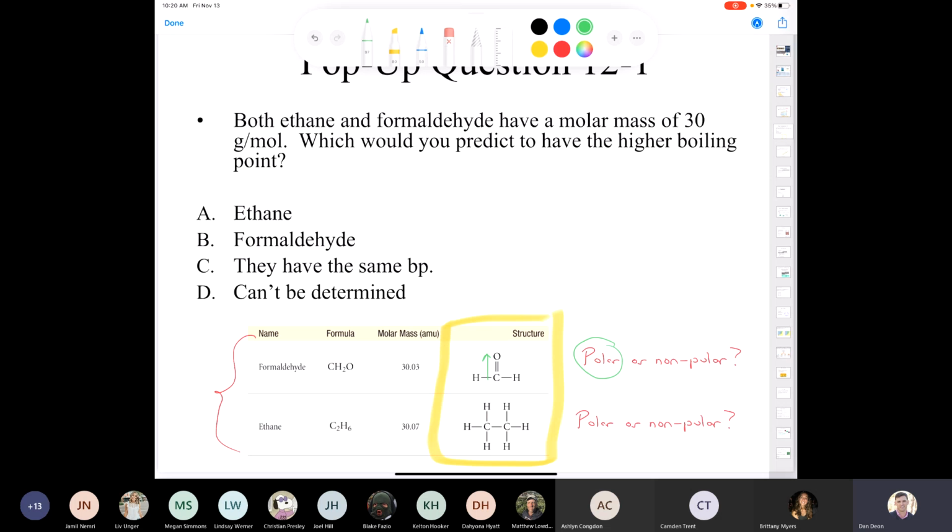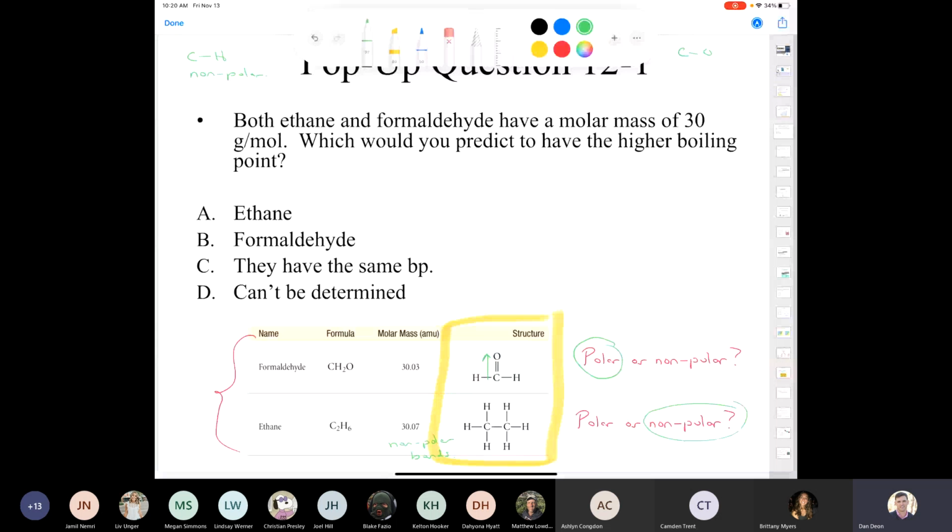So formaldehyde is a polar molecule. In ethane, there are no polar bonds. Remember, a carbon-hydrogen bond is non-polar. It's got a delta EN of around 0.4, right? Whereas a carbon-oxygen bond is highly polar, right? It's got a delta EN of around 1. So ethane is a non-polar molecule.